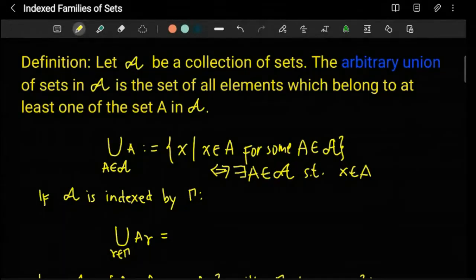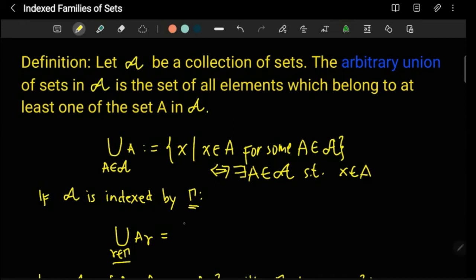Now, if the arbitrary collection is being indexed by gamma, so let's say we have the collection indexed by gamma, we can write that particular union as follows. So instead of A lang, lalagyan mo na siya ng index niya, A sub gamma. Now this time, ang condition, gamma is from our indexing set, capital gamma.